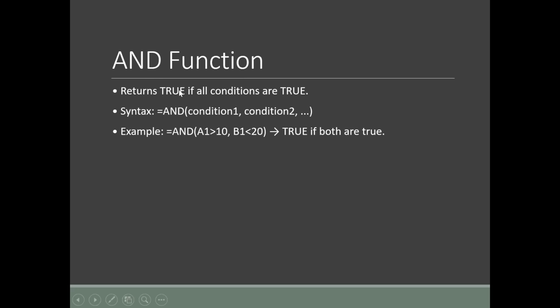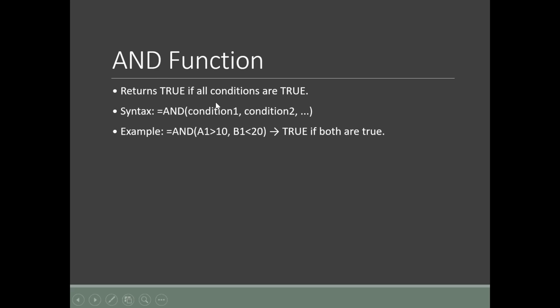So AND returns true if all conditions are true. Once multiple conditions are satisfied, it will return true, otherwise it will not. Very simple example: suppose you log into a Gmail account. In a Gmail account you can see there is an email and password. If your email and password are correct, then you can proceed to login. Otherwise, you cannot. Correct?